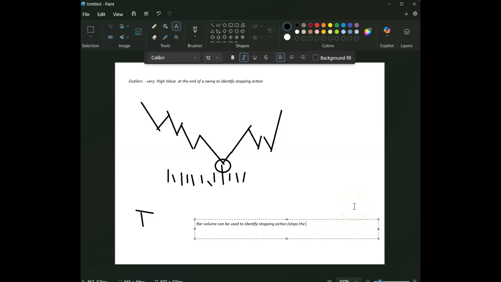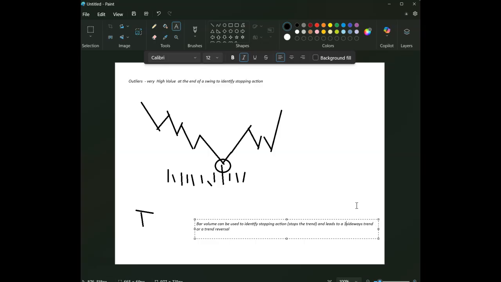Stops the trend and leads to a sideways trend or a reversal, trend reversal. Bar volume can be used to identify stopping action, which is your climactic action, which stops the trend and leads to a sideways trend or a trend reversal. Those are the two scenarios.